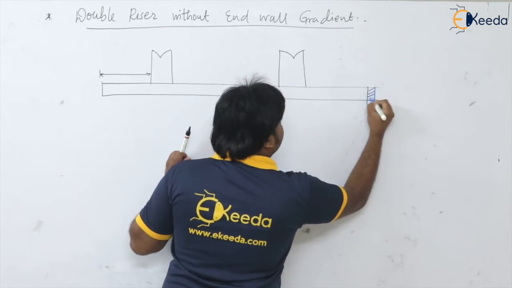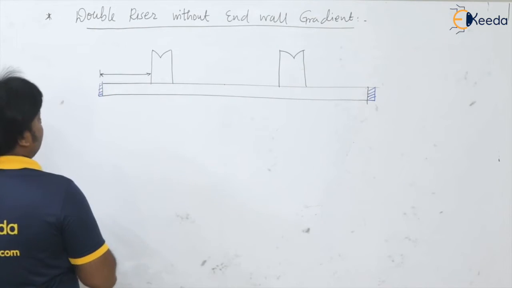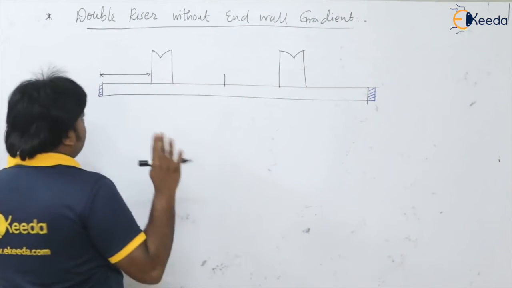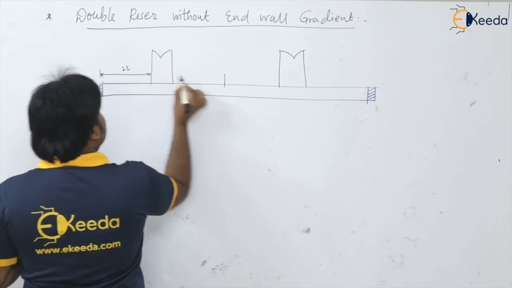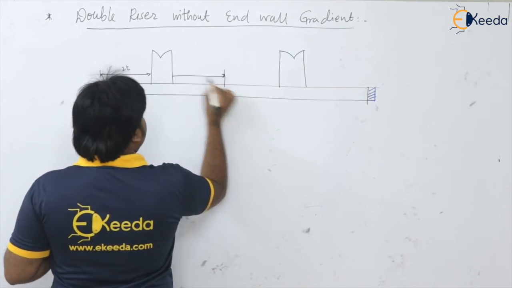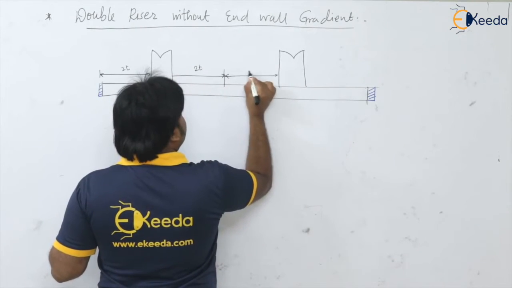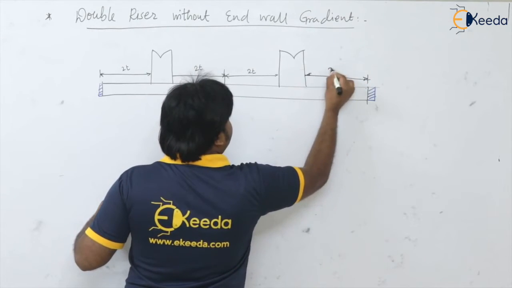No end wall effect, so I am going to insulate these ends. Okay, so tell me what is the distance. One riser is going to feed for 2T and 2T, isn't it? From the edge, this riser will feed this 2T and this 2T.